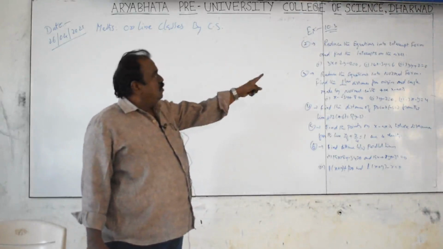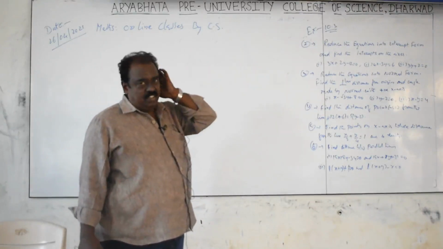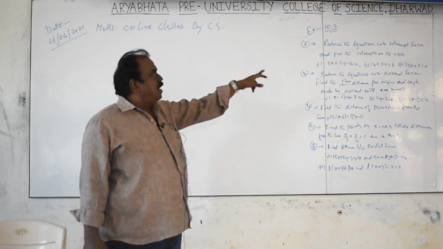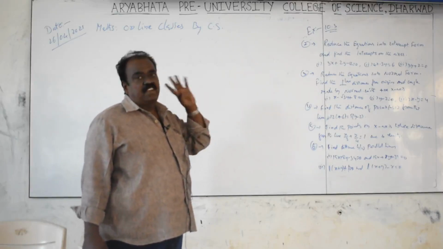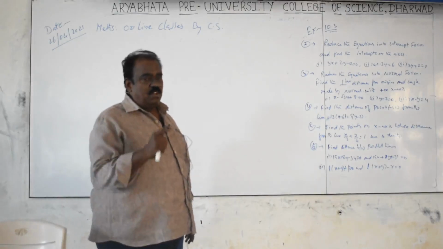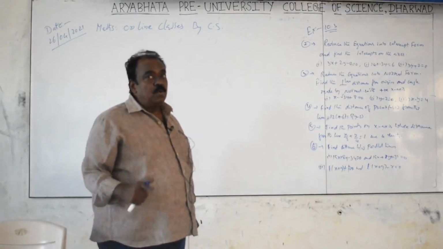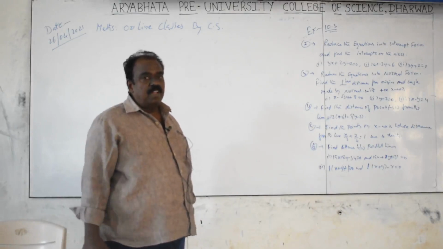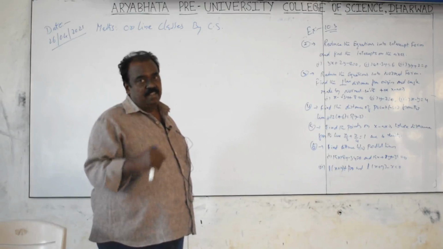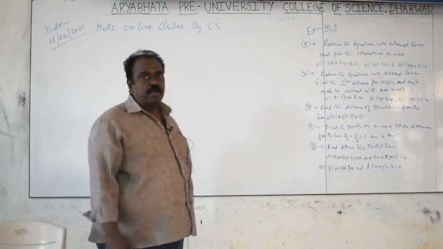Here, reduce the equations into intercept form and find the intercepts on the x-axis. The first problem is reduce the equations into slope intercept form, and again we have to find the slope and y-intercept. That is one type of problem.